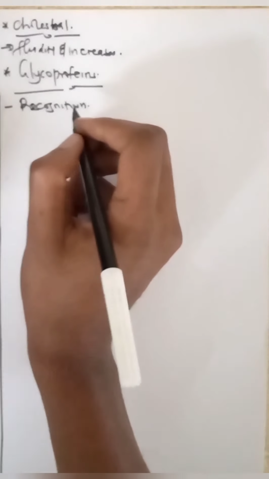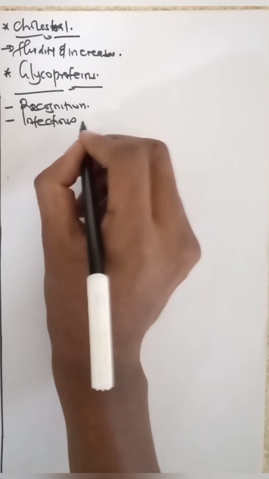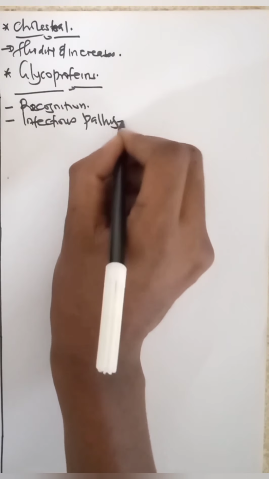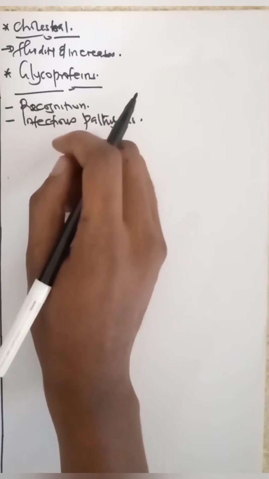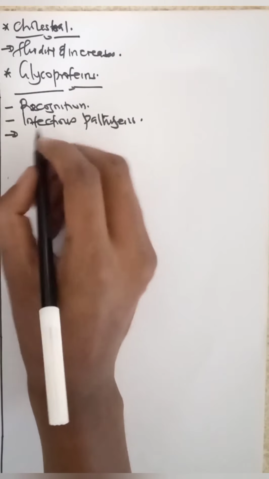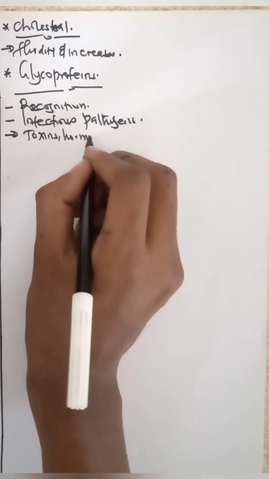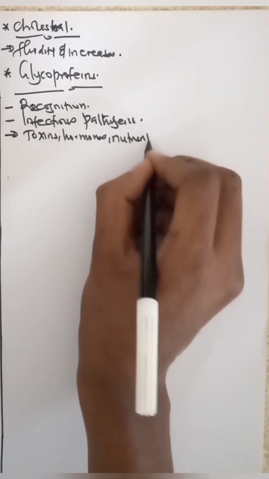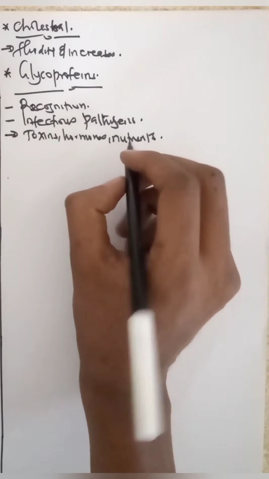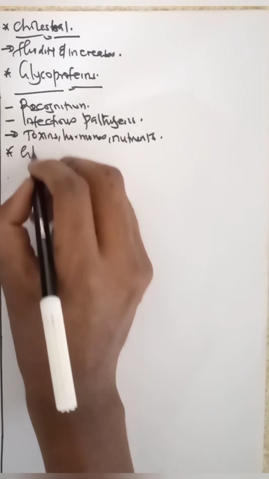Number 2, they serve as attachment for infectious pathogens, for example, bacteria and viruses. And of course, they act as attachment for toxins, hormones, nutrients, and other molecules.